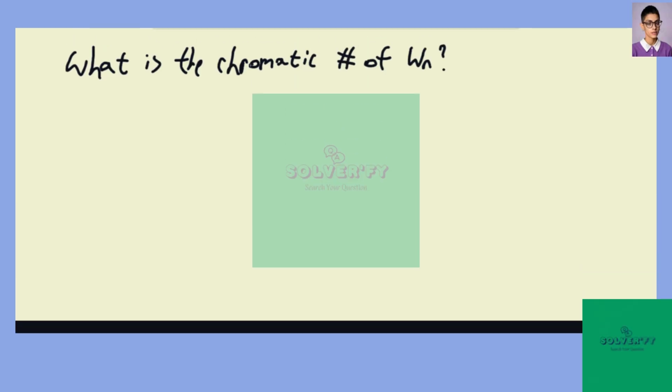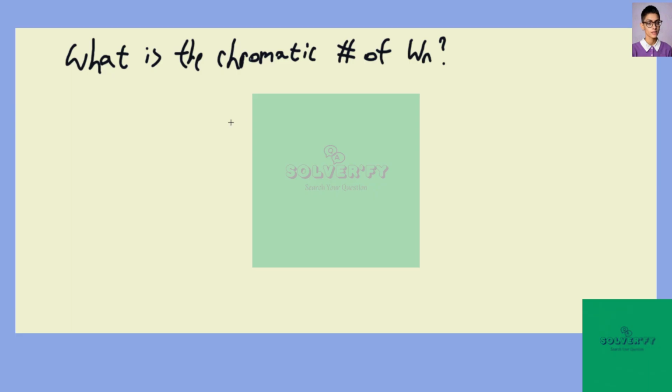Here we are asked, what is the chromatic number of W sub n, the wheel of size n? We recall that the cycle C sub n with n greater than or equal to 3 consists of vertices V1, V2, up to Vn, and edges.